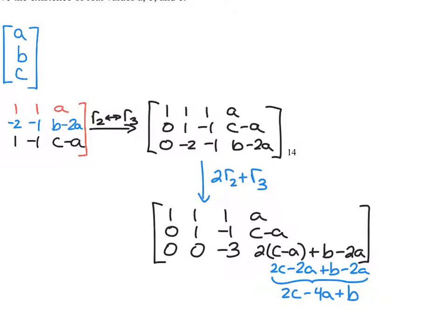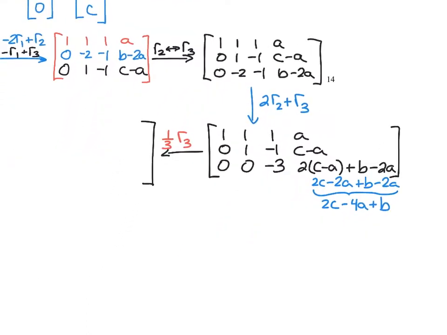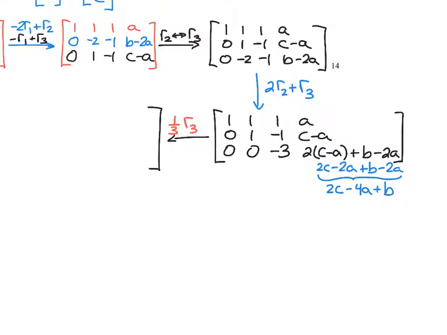Let's see. Yeah, I think our next move is to divide by 3. So 1/3 of row 3. So just all that stuff over 3. So that's something.